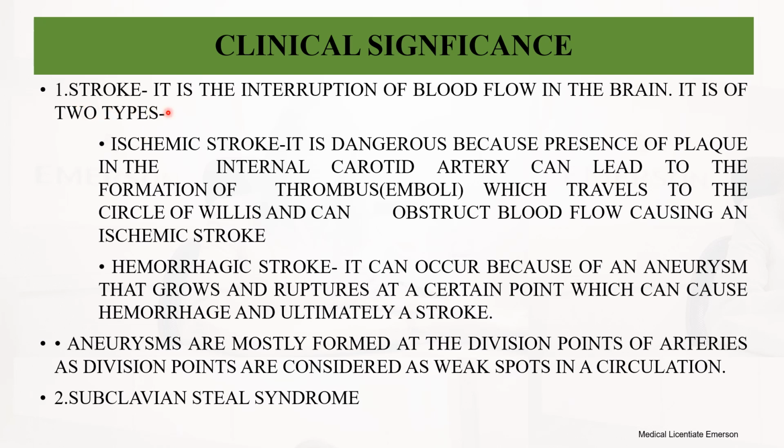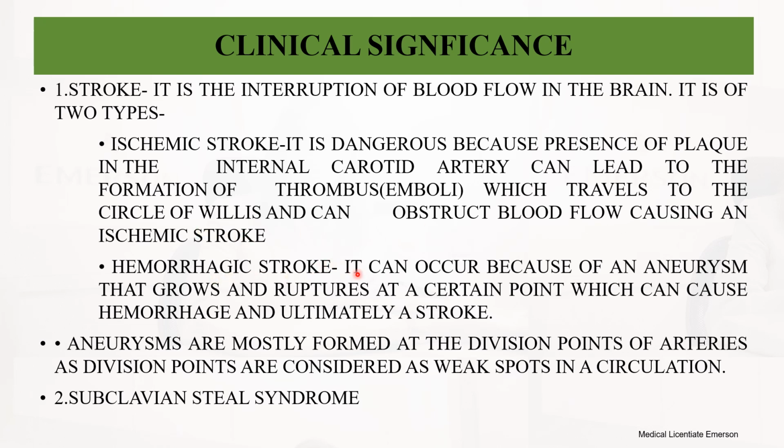Number one clinical significance is stroke, which is the interruption of blood flow in the brain, and it is of two types: ischemic stroke and hemorrhagic stroke. Ischemic stroke is dangerous because the presence of plaque in the internal carotid artery can lead to the formation of a thrombus or emboli, which travels to the circle of Willis and can obstruct blood flow, causing an ischemic stroke.